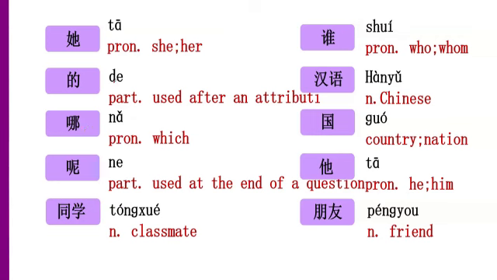Go on. 很好. 朋友. Okay, good. 请跟我读. The other students, please read by yourself.